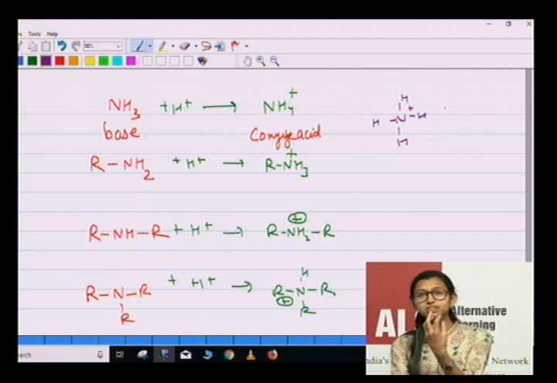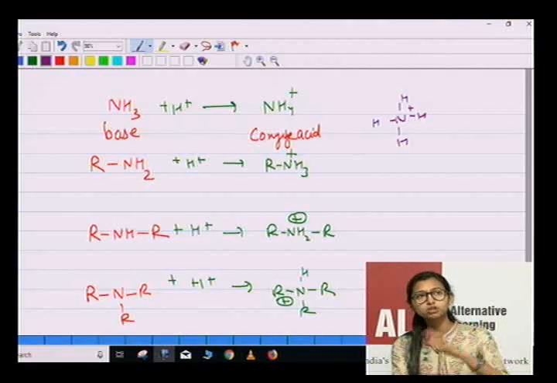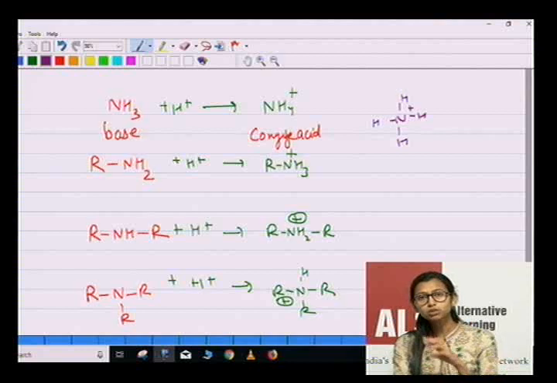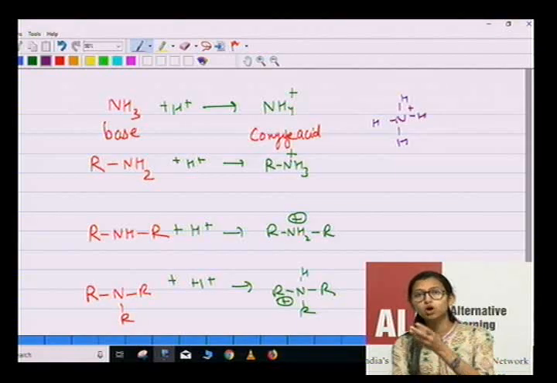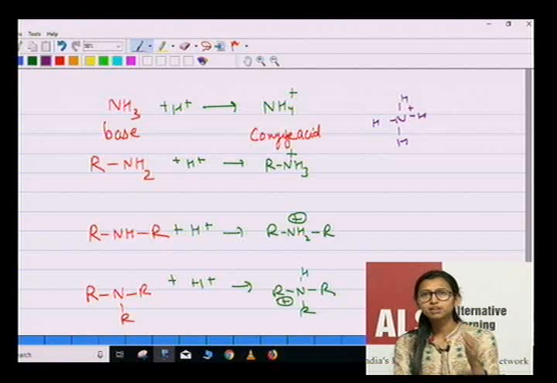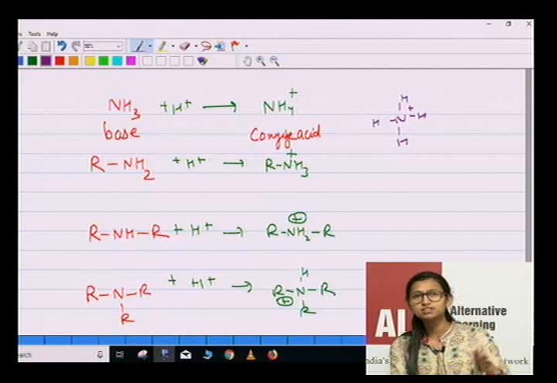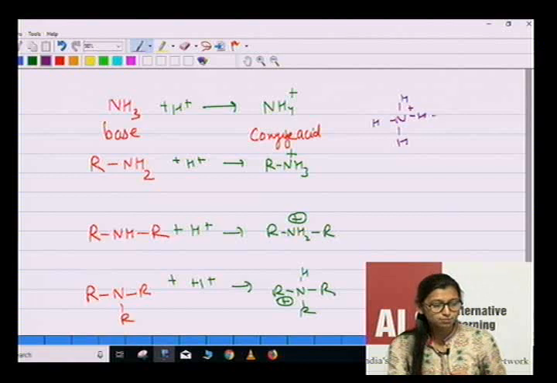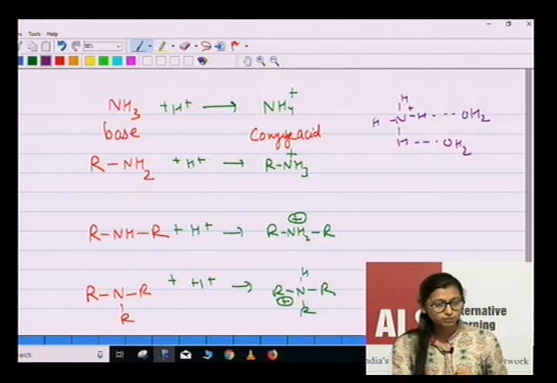Whenever any positive charge is there and you put it into the water, what will happen? Don't you think the OH negative will come here and try to solvate it? If you people have studied hydration and solvation, this is something related to that. I am saying there is a kind of H bonding that will stabilize the particular conjugate acid.